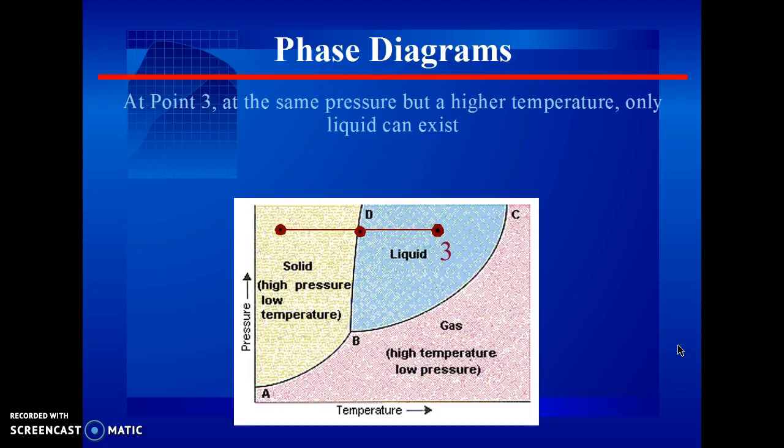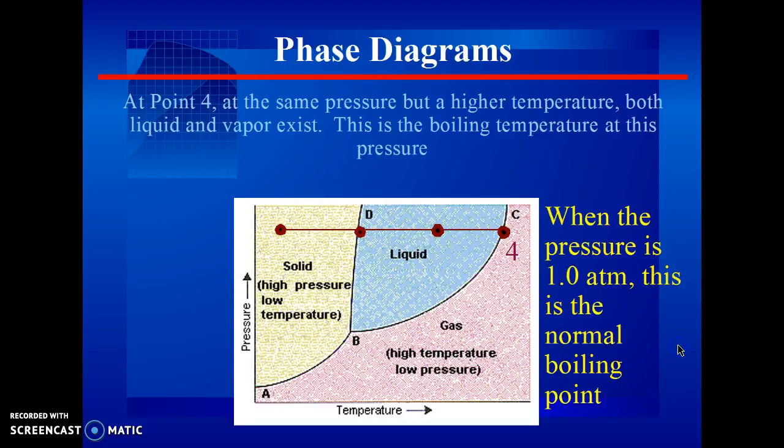At point 3, the same pressure but a higher temperature, only liquid can exist. And finally, at point 4, at the same pressure but a higher temperature, both liquid and vapor exist. This would be the temperature above which you cannot get without turning it to a gas. This is the boiling point.